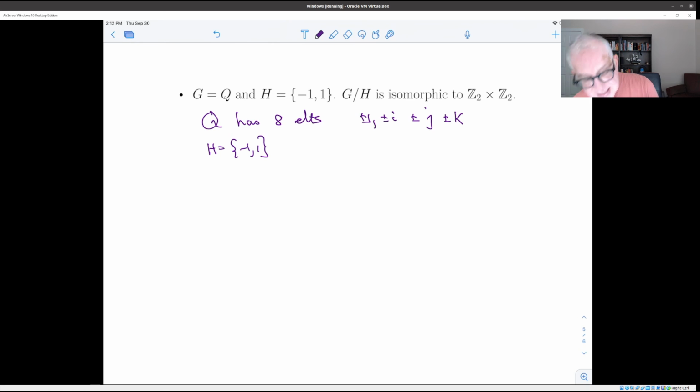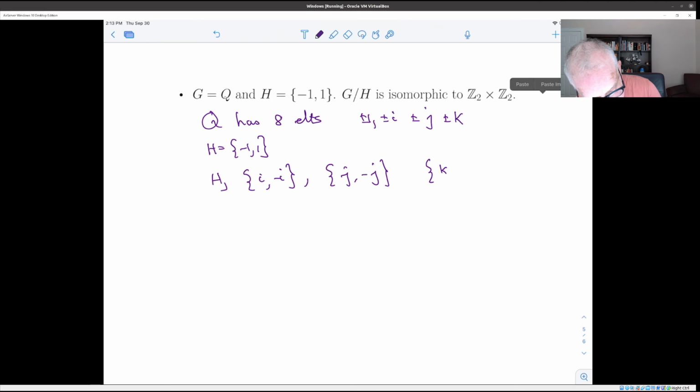In fact, this is the center of the quaternion group. So the cosets correspond to H, and then the coset that consists of i and minus i, the coset that consists of j and minus j, and the coset that consists of k and minus k.